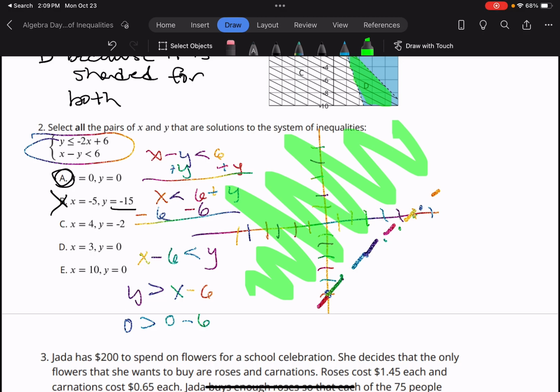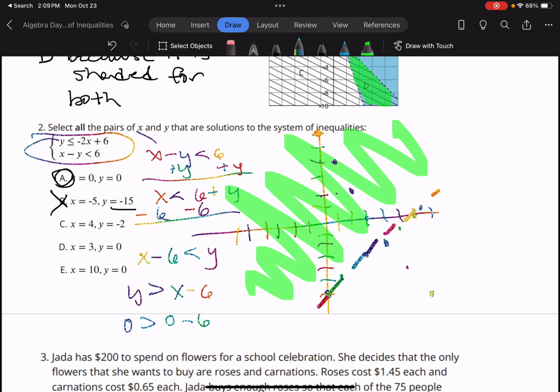For our other one, we have a y-intercept of positive 6. So that's the other direction, 1, 2, 3, 4, 5, 6 up here. And we have a slope of negative 2, so going the other way. Negative 2 over 1. So down 2 over 1, down 2 over 1, and so forth.